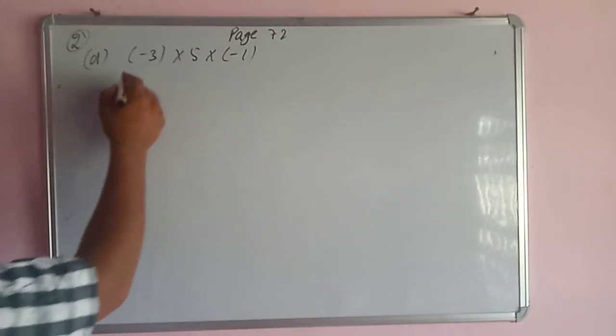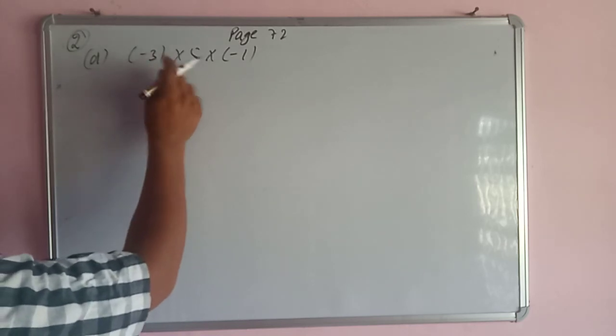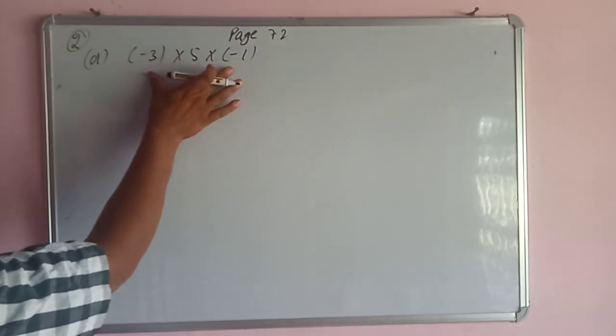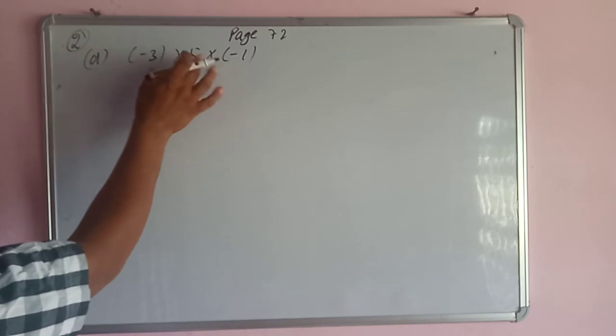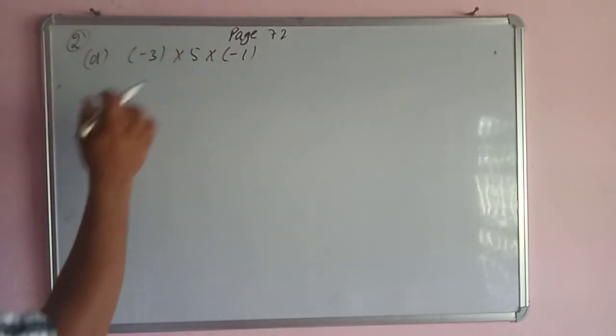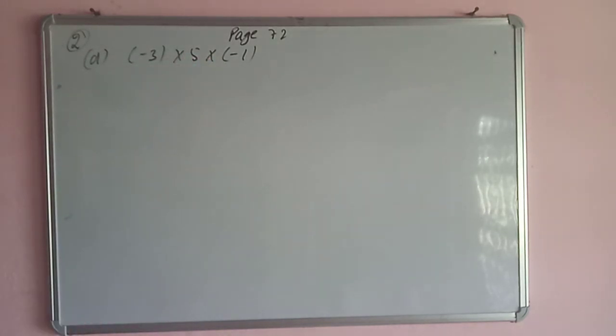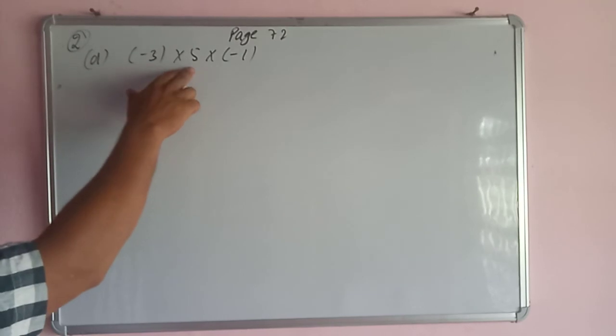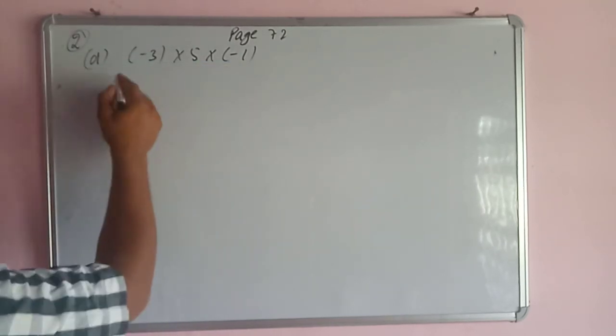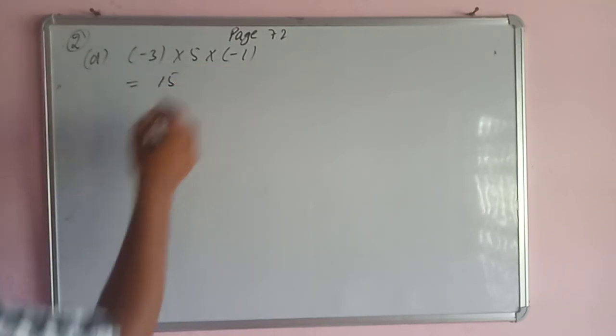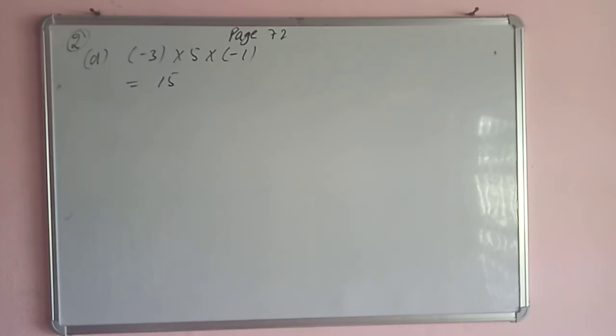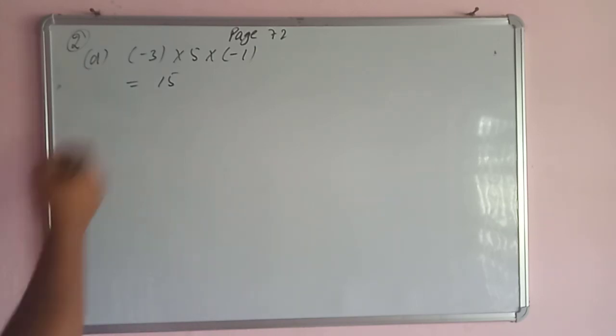There are two negative symbols with multiplication between them. We know that when we multiply two negatives, the answer is always positive. And 3 multiply 5 is 15. So our answer is 15. Now the question is to write its opposite.